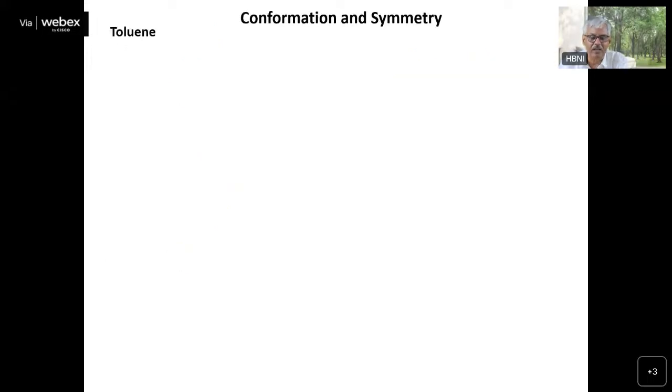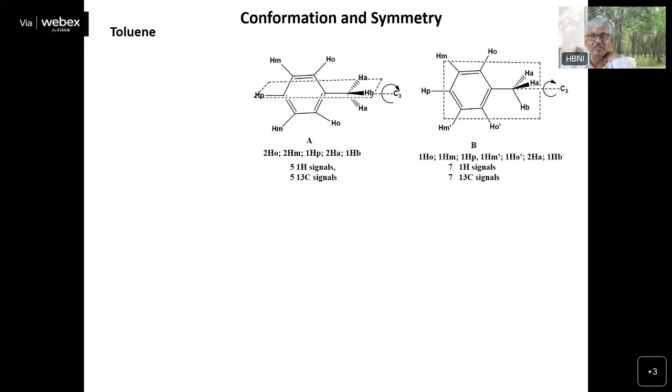Now we'll take another example where conformation and symmetry is very important. We'll see toluene. Toluene is nothing but a methyl group attached to the benzene ring, and you see that it can have two conformations. In one conformation, the molecular plane of the aromatic ring is the plane of symmetry, and in the other the molecular plane is perpendicular.